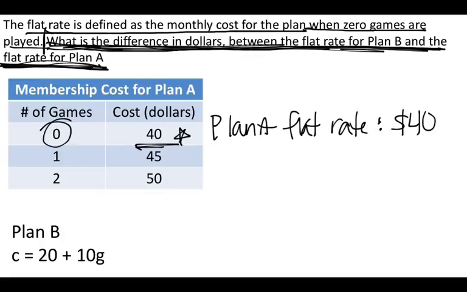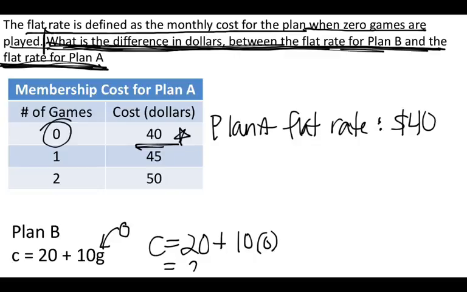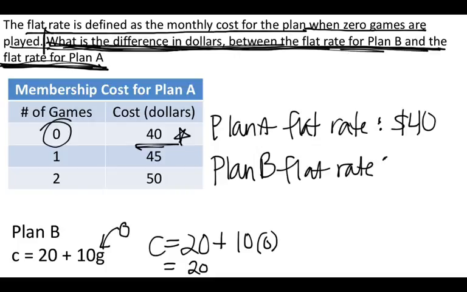If you don't, remember that the G stands for games, and that would be 0. So if I were to substitute a 0 in for G, what's my cost? $20. Plan B flat rate is $20.